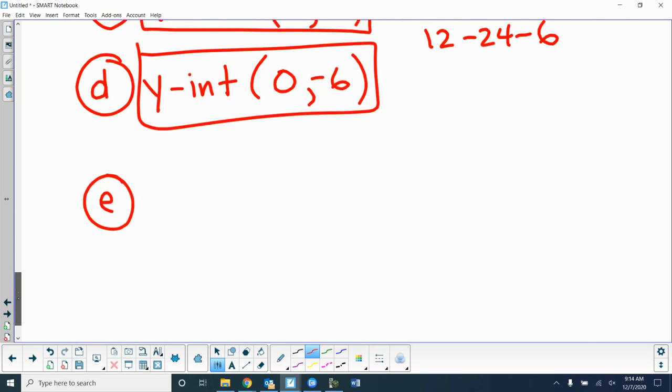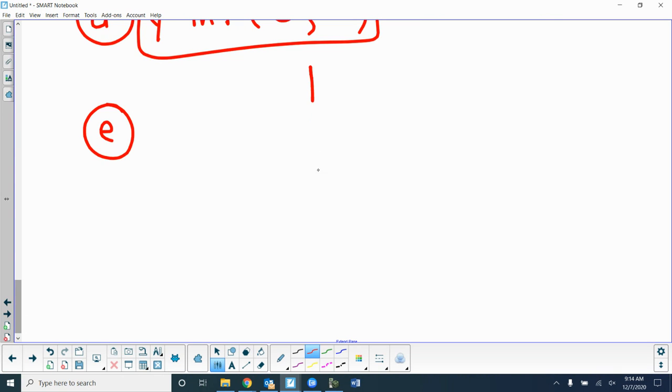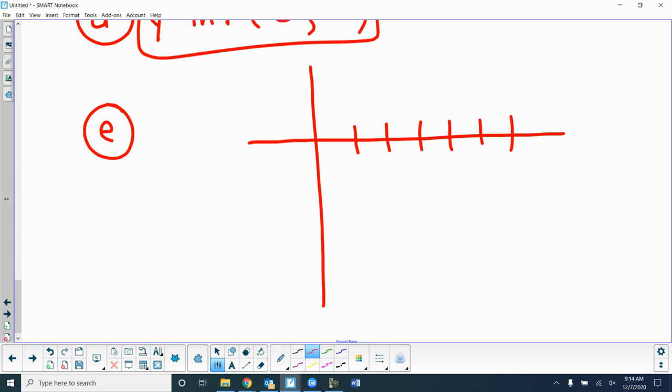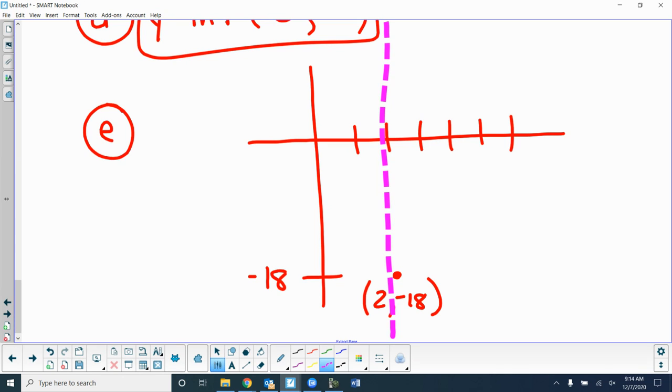All right, so I'm just going to say down here is negative 18. All right, so 2, negative 18 is my vertex, right? Isn't that what we figured out? My axis of symmetry is supposed to be a straight line through there. What was my y-intercept? We just said 0, negative 6, right?